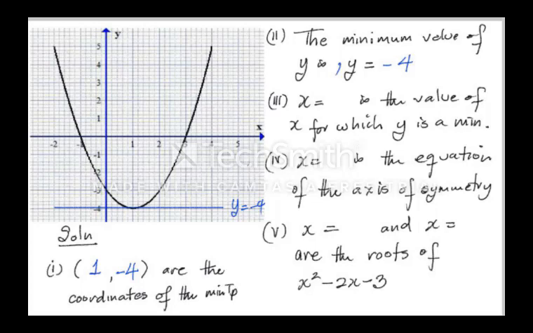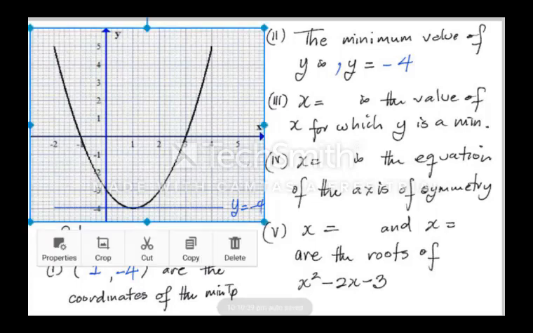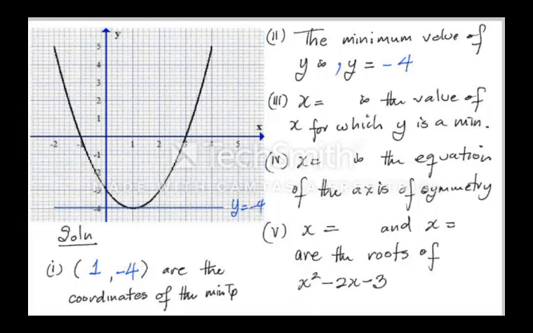Now we're asked, what is the value of x for which y is a minimum? Y is a minimum at the minimum turning point, which is right there. Let's circle it. Every point on a graph has an x coordinate and a y coordinate.